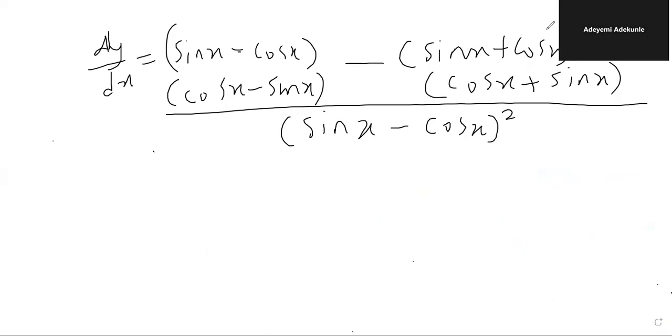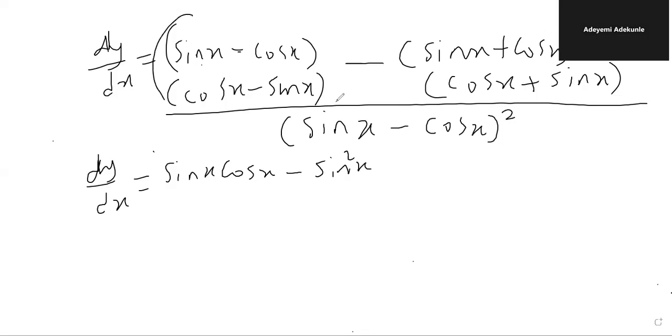If you like, you can try to open the brackets to make the work easier by multiplying all of these times all of these. So sine x times cos x is sine x cos x. Then sine x times this is minus sine squared x. Then minus cos x times this is minus cos squared x.